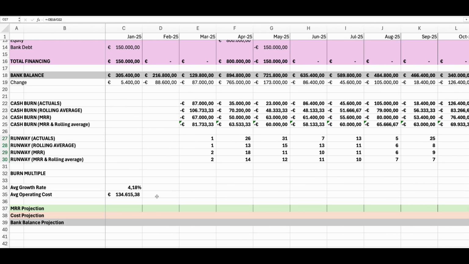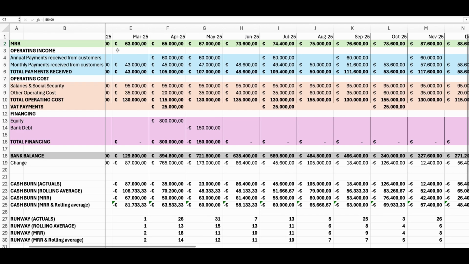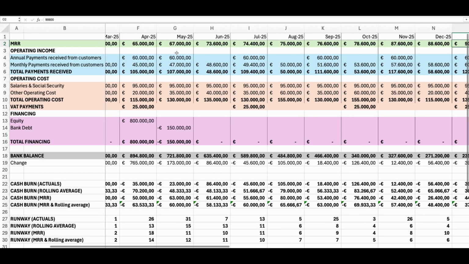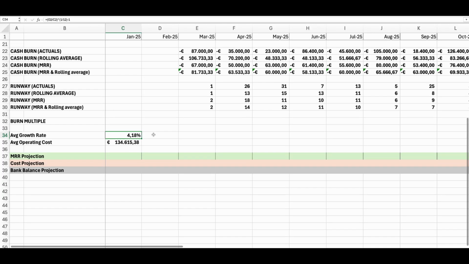What I'm doing is first calculating the average growth rate for MRR over the last year. So I'm saying, okay, from January 25, we've grown from 55,000 MRR to 90,000 MRR. So we're calculating a monthly growth rate in percent for that, which is 4.18 percent growth per month.